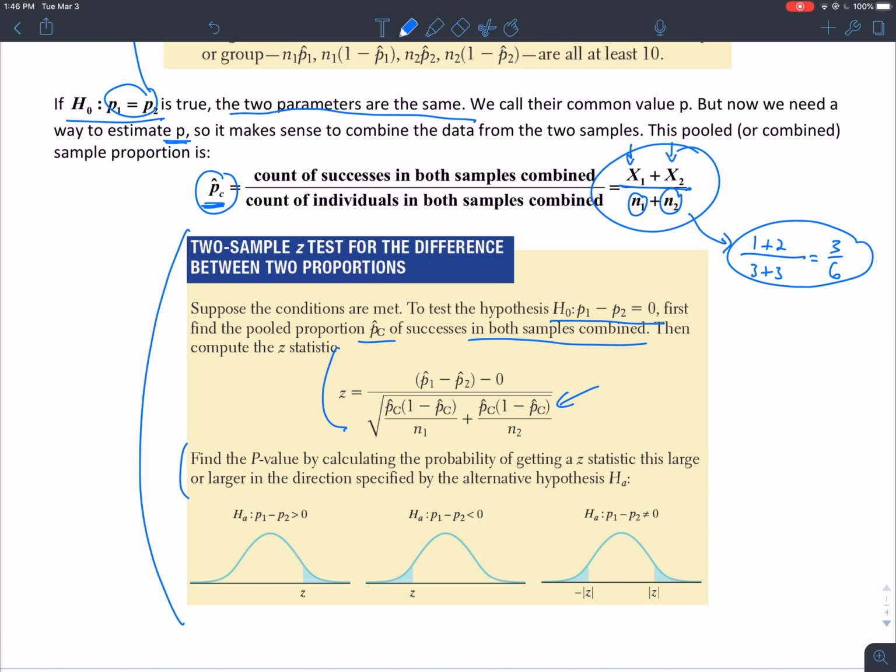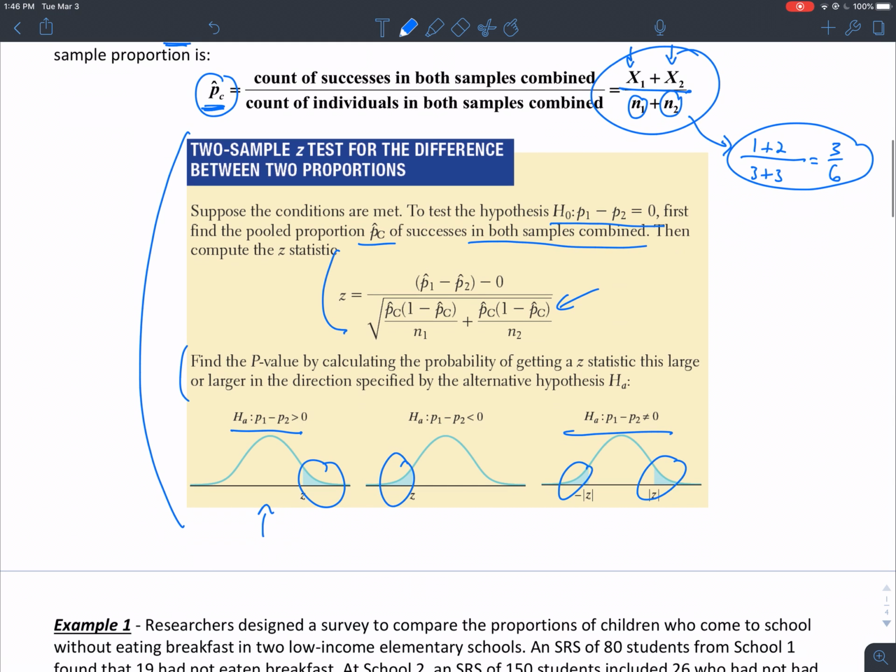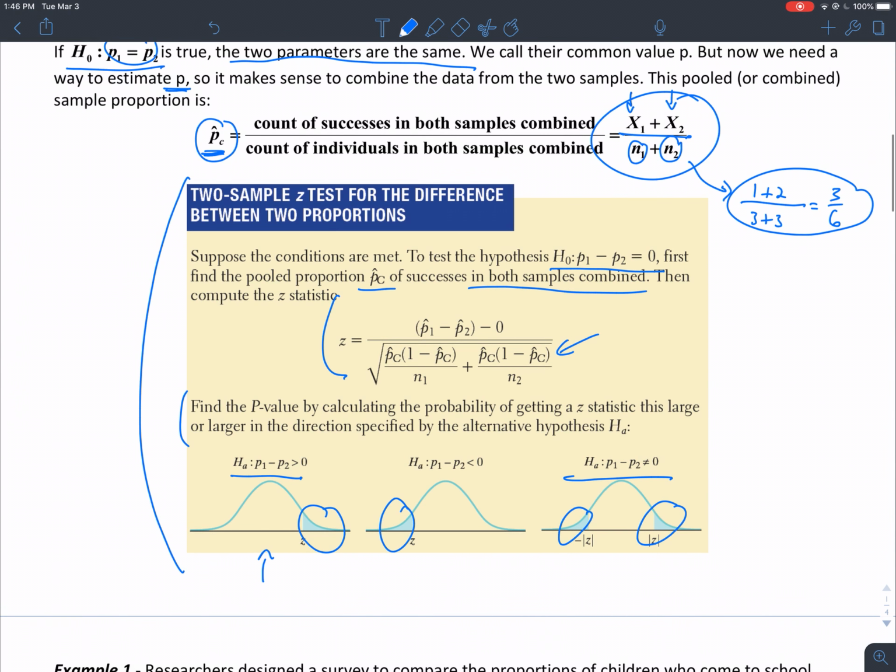If it's a one-sided test, we get the one-sided probability like this. And if it's a two-sided test, we get twice the probability of the corresponding one-sided test. But your calculator should do all this work for you. You shouldn't have to worry about this too much. Conceptually, you should at least understand what we're doing, just like the hypothesis test for one proportion.